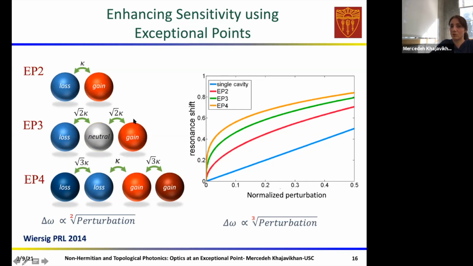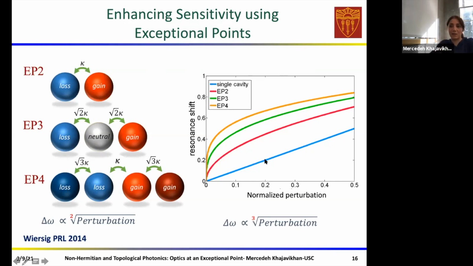Of course, you also have to design the kappas. If you want a fourth order exceptional point, you can see that such an arrangement will do the job, having four resonators: one with higher loss, one with a lower level of loss, then less gain, and then higher gain.